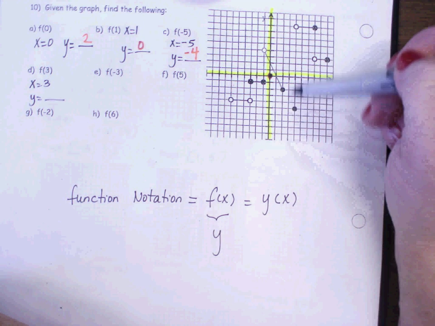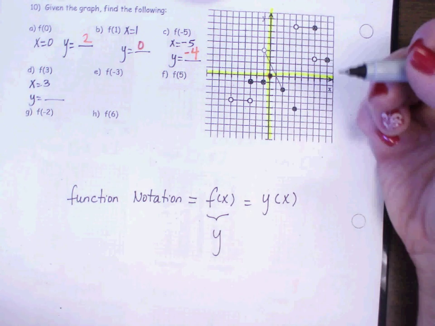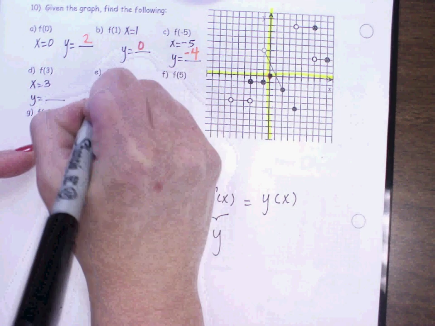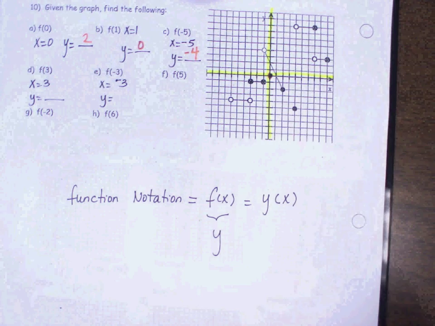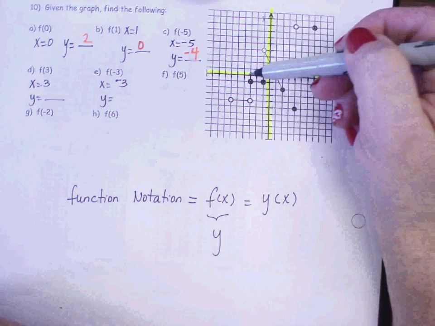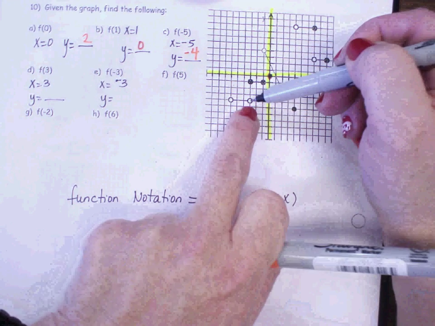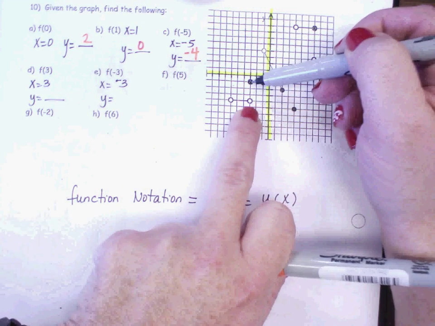Do I have anything on y? We can't answer this one, right? It's undefined, so we just leave it blank because we can't do it. All right. When x equals negative 3, let's see. 1, 2, negative 3. Negative 1. Is it this one right here? No, that's open, so it's negative 1.